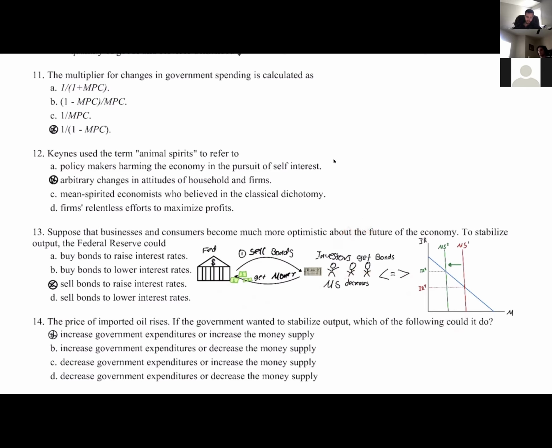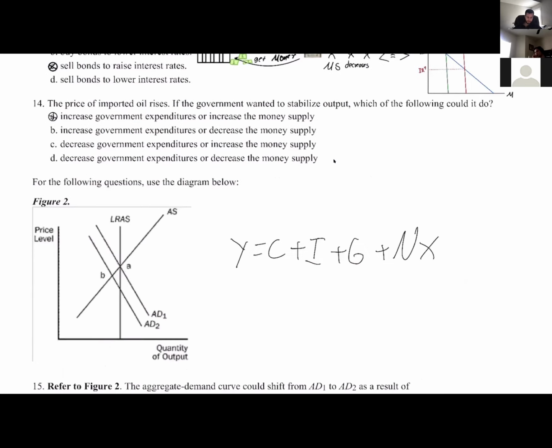They get these bonds, and the Fed keeps that money, so it's not in the money supply anymore. As a result, this is going to go left. And when the money supply goes left, the interest rate increases. That makes somewhat sense.